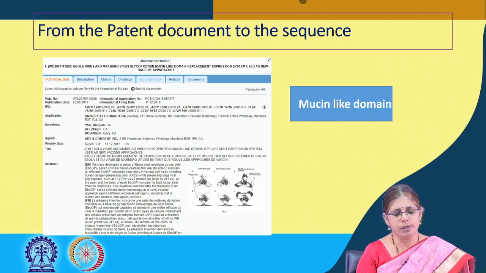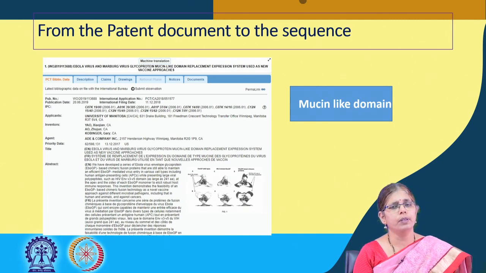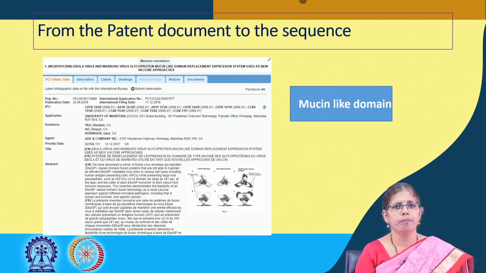The applicant for this is University of Manitoba, and there are a series of proteins that are actually being discussed as a part of this particular application, and so one can actually understand what are the types of sequences claimed in this particular patent application, and particularly the focus here is on mucin-like domains.